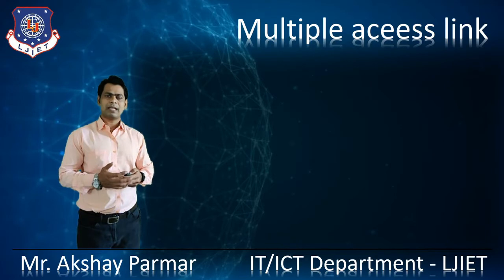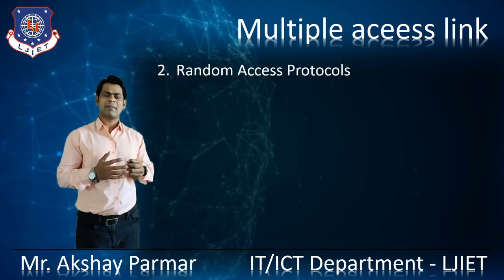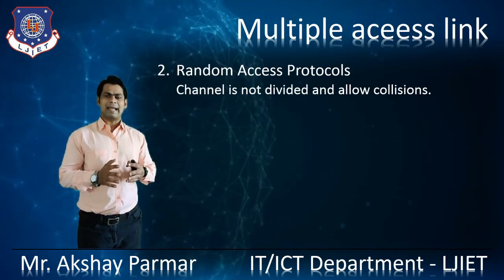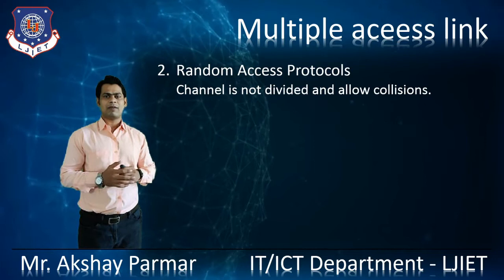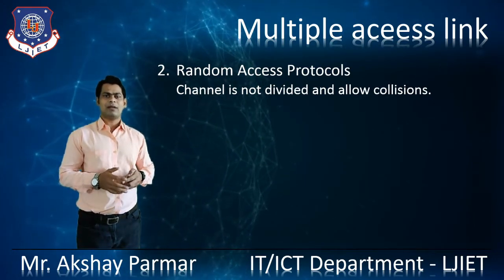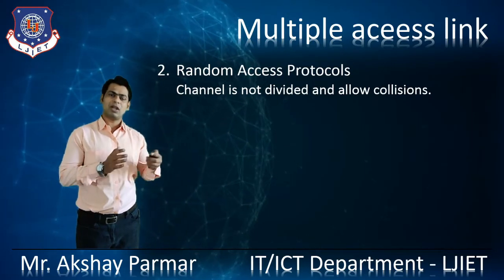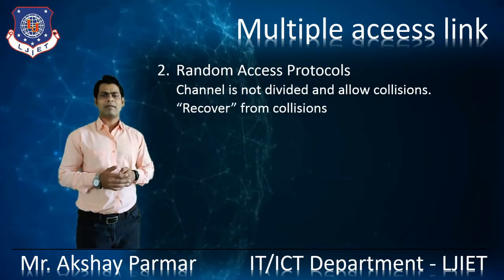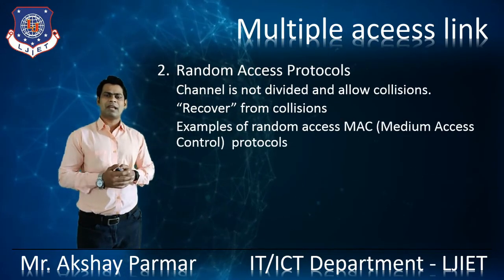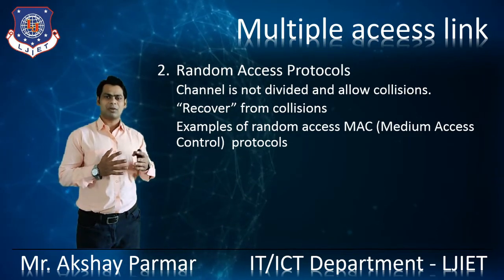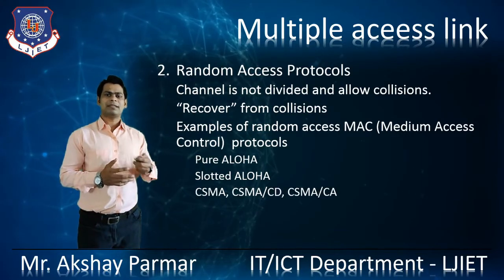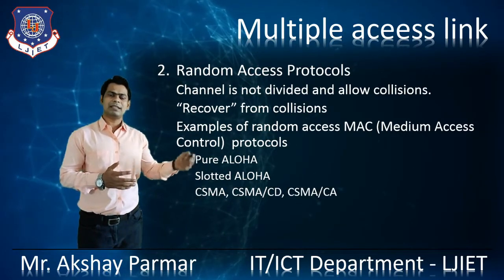The second category of the multiple access link is the random access protocol. What do we mean by random access protocol? In that, the channel is not divided into several pieces, and it allows collisions to occur. After a collision, it recovers from the collision. Examples of random access MAC, medium access control protocols, are pure Aloha, slotted Aloha, CSMA CD and CSMA CA.